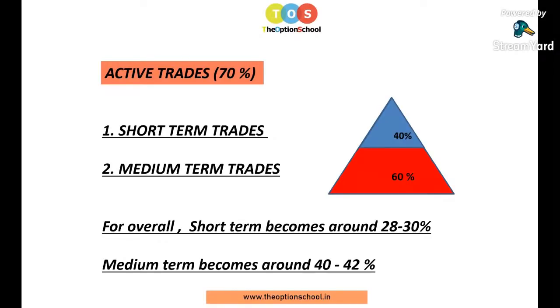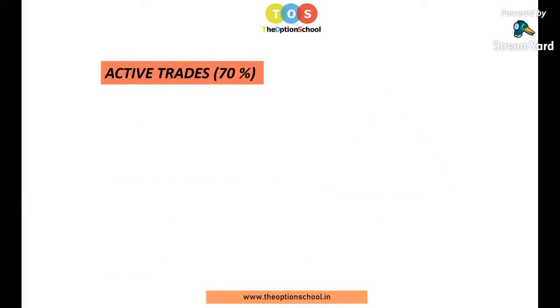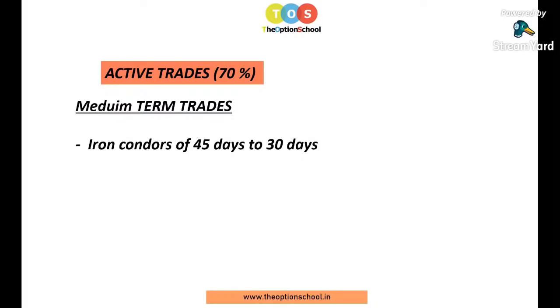So what are the kind of strategies which we are using for short term trades and medium term trades? So in medium term trades, one of the most used strategy by us so far, because VIX was pretty okay, is iron condor of 45 days to 30 days, monthly calendars, double calendars, diagonals, double diagonals.